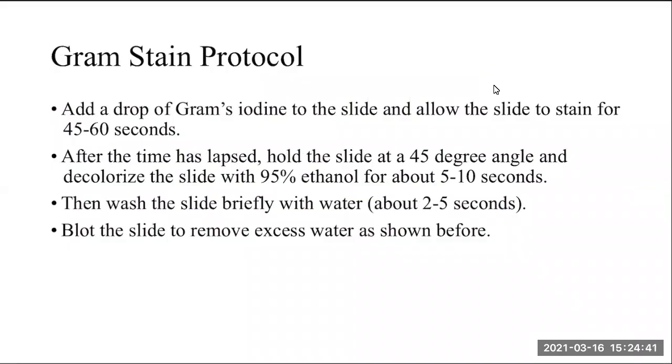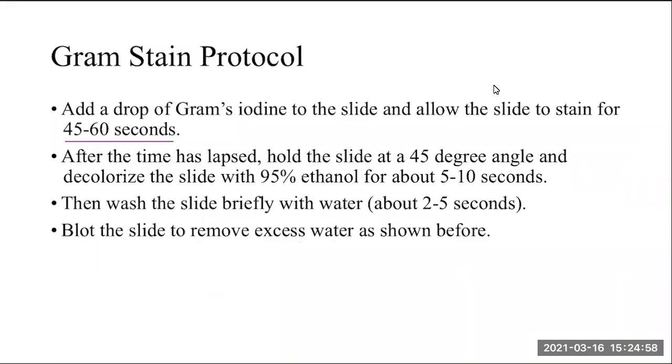Then the next thing you would do is add a drop of the Gram's iodine. The Gram's iodine is allowed to sit on the slide to interact with it for about 45 to 60 seconds.